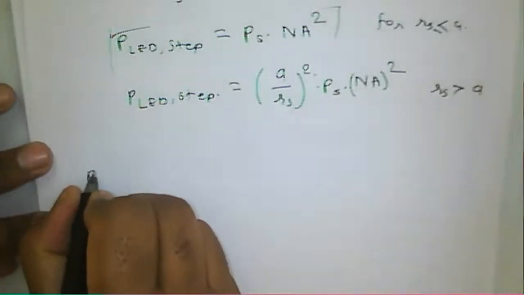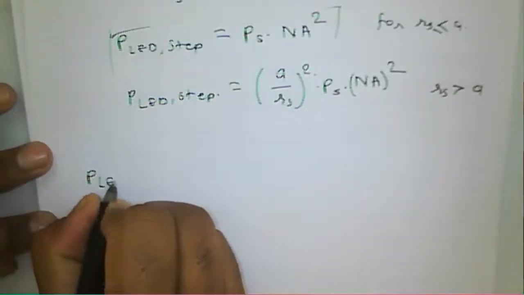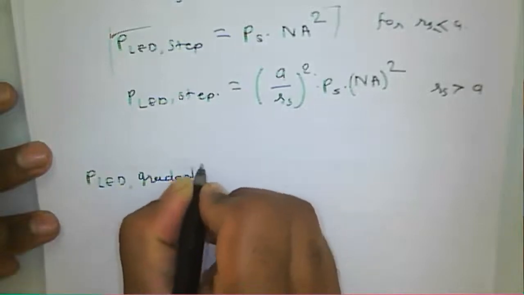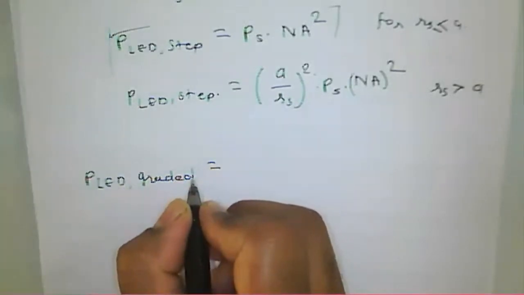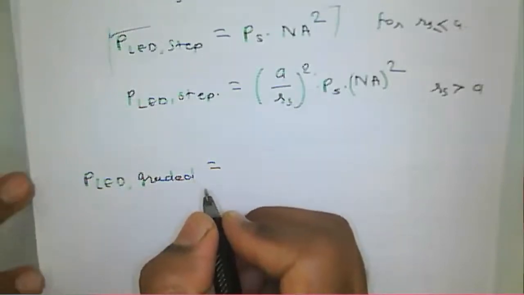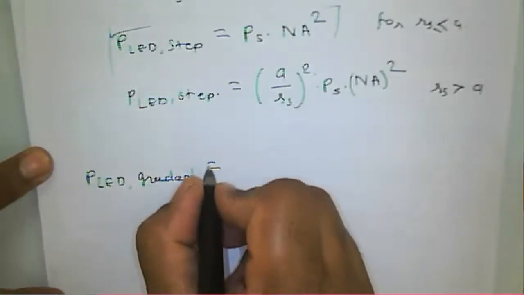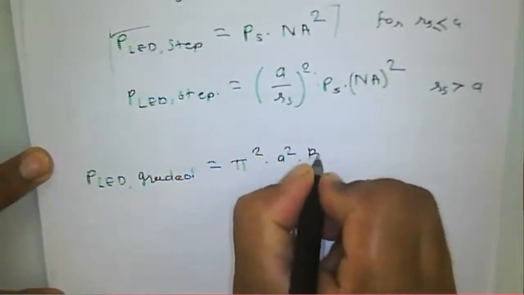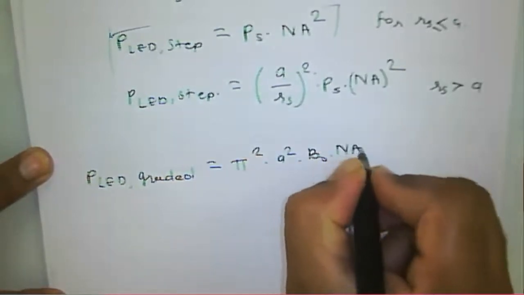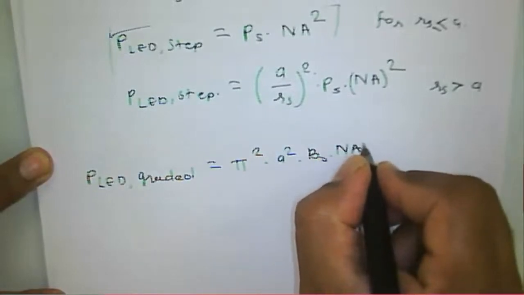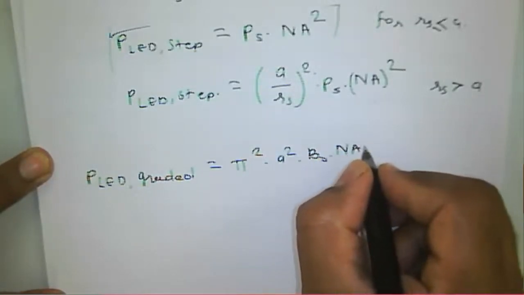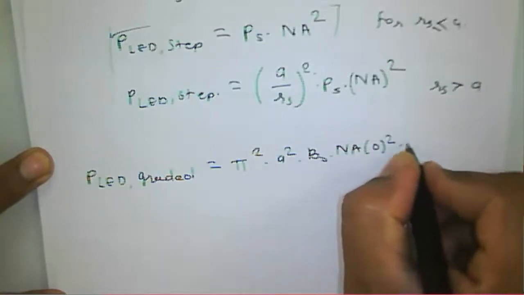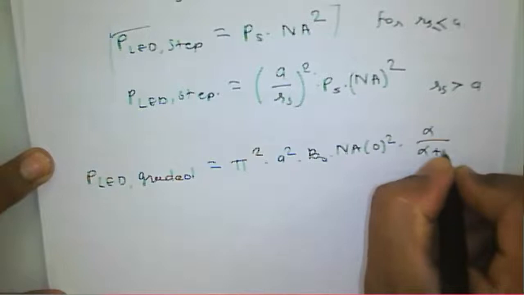Similarly, we can write an expression for a light emitting diode and a graded index fiber. For the graded index fiber, I will write the equation directly: it is equal to pi square a square B_0 NA, where NA again depends upon what type of profile we are using, alpha by alpha plus 2.